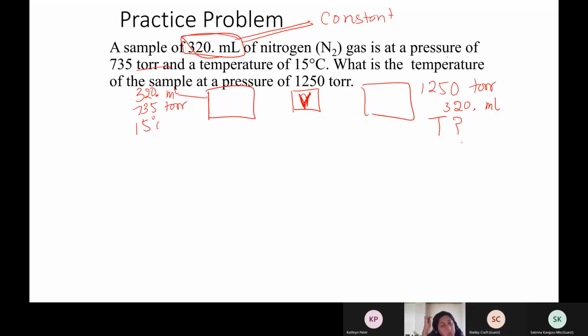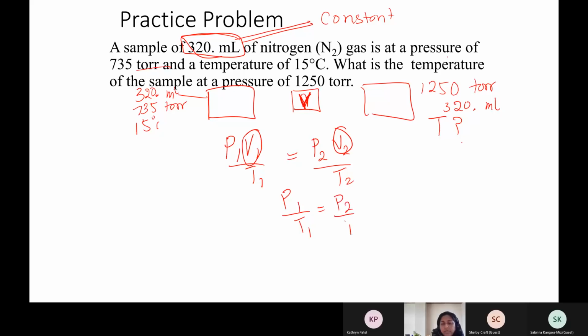So you can use the combined gas law equation, P1 V1 over T1 equals P2 V2 over T2. V1 and V2 are equal, so we get P1 over T1 equals P2 over T2.